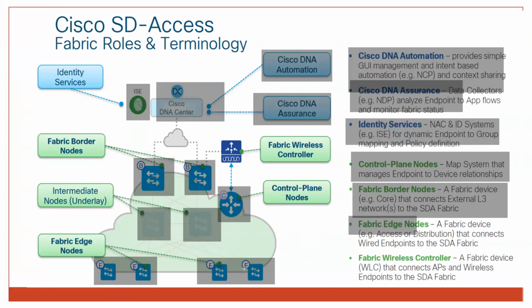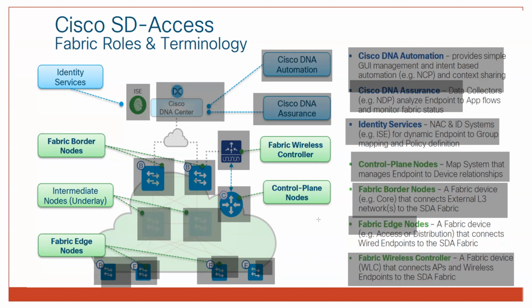Then you have the edge nodes. I already highlighted the edge nodes in our earlier sessions. Then you have the wireless controllers, because DNA is one shop, you can say, for wired and wireless. It will provide you both wired and wireless services over the same fabric.